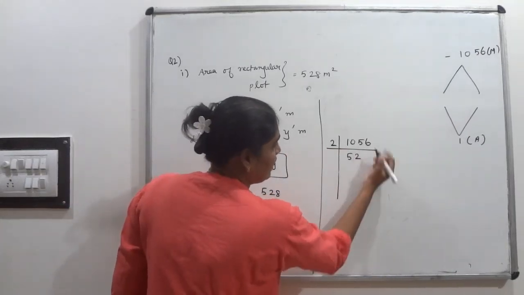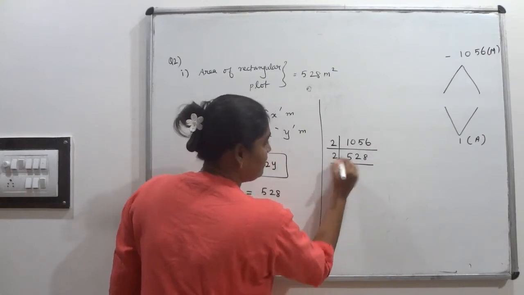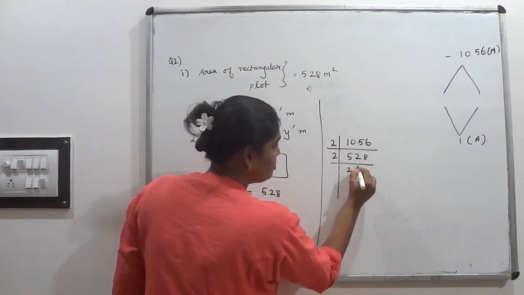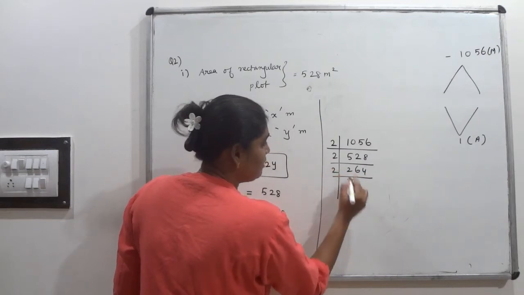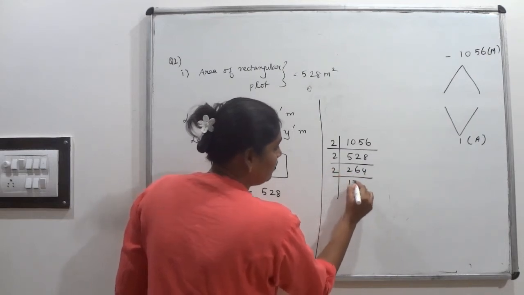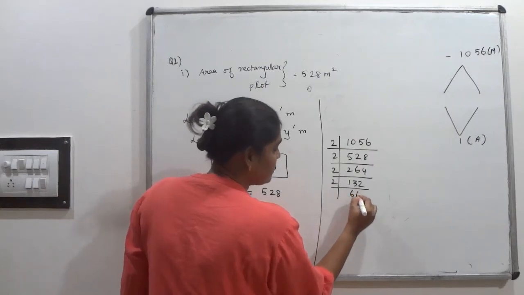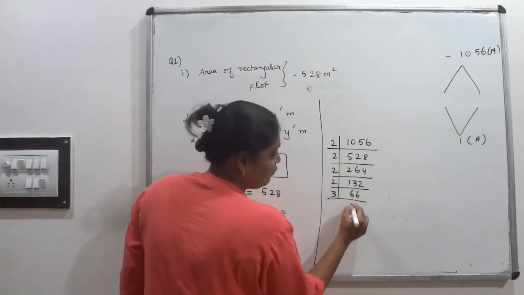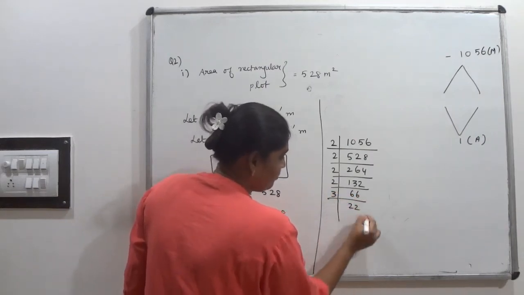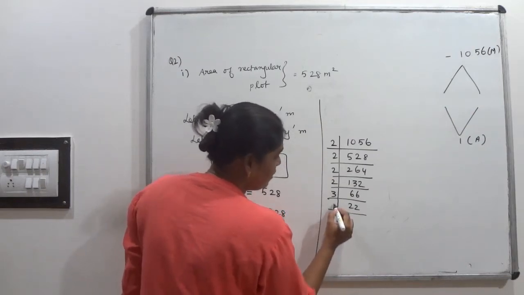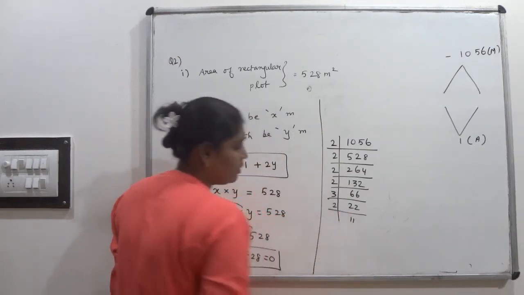So this is 528, again divisible by 2, this is 264, again divisible by 2, this is 132, divisible by 2, this is 66, divisible by 2, this is 33, which is divisible by 3 and gives 11.